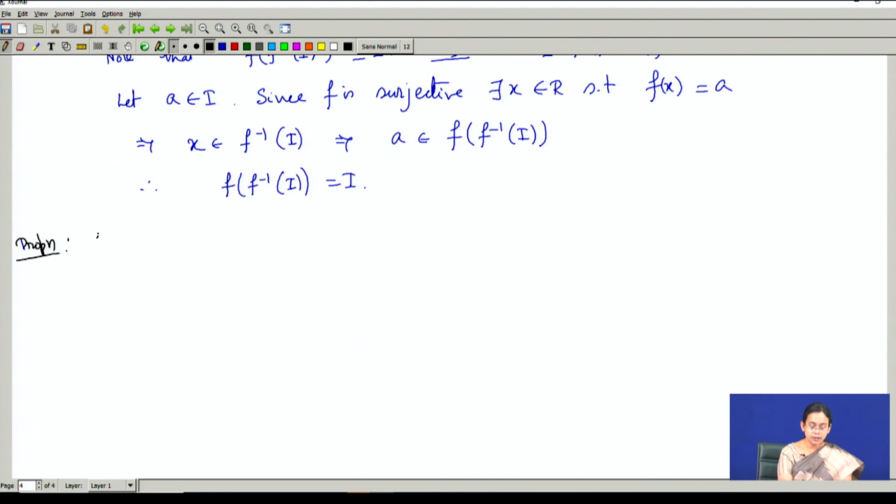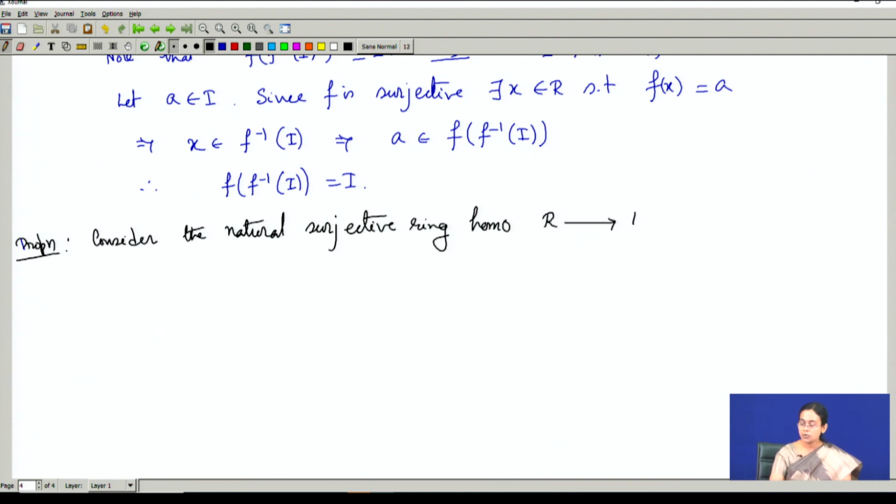Consider the natural surjective ring homomorphism from a ring R to a quotient ring R quotient I, where I is any ideal in R. Let me denote this natural map by pi.